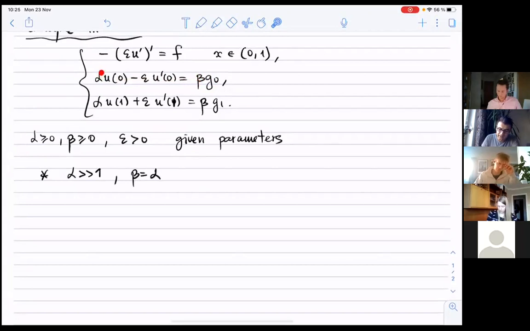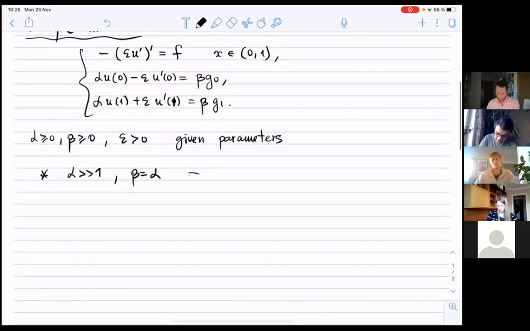We divide by alpha, it's going to be u(0) here, and the term with epsilon is usually quite small, so this term would be very small. Then we just have a non-homogeneous, or I wrote it inhomogeneous, Dirichlet boundary condition. So here we end up with u(0) approximately g0. So this is inhomogeneous.